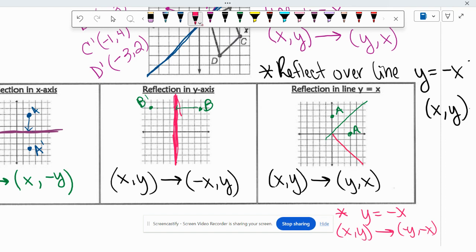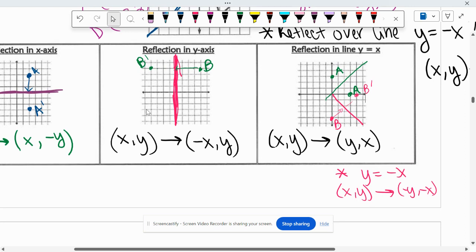That just means you have a negative slope of 1, right? So if I had the point (0, negative 4) and I reflected it over this line, I called this B, I'm going to go in the opposite direction, right? So that would be right here at (4, 0). Okay.